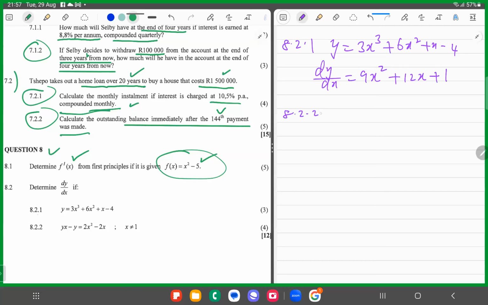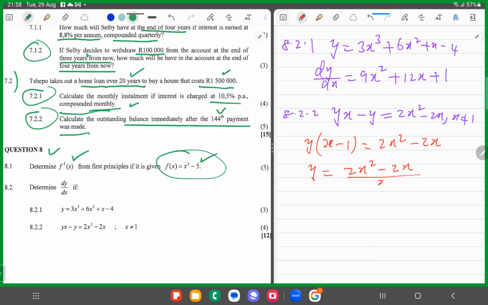So the next one, look at 8.2.2. Want to find the derivative of y, which is 2x squared minus 2x over x minus 1, where x is not 1. So you pull out 2x from 2x squared minus 2x, and you divide by x minus 1. 2x times x minus 1, you divide by x minus 1, which is 2x.